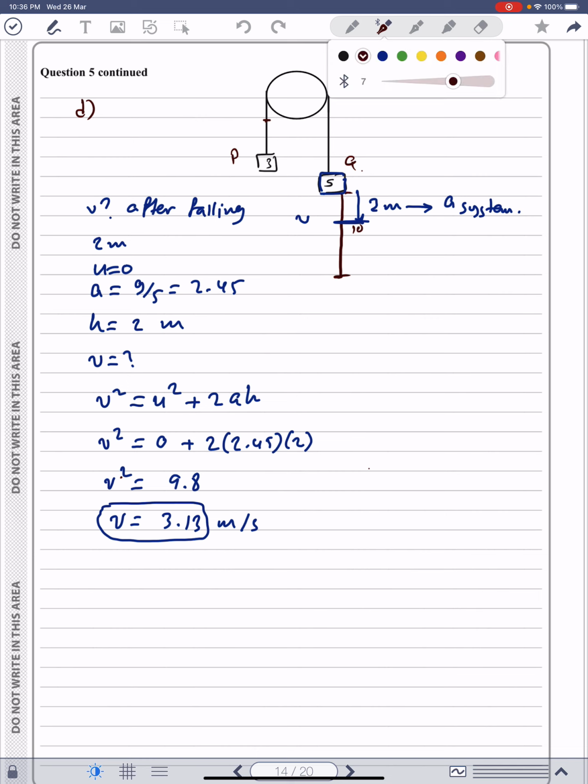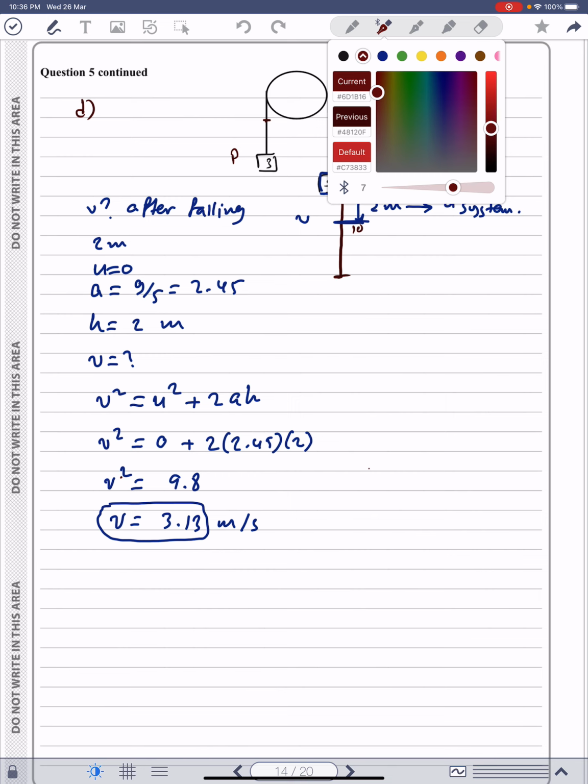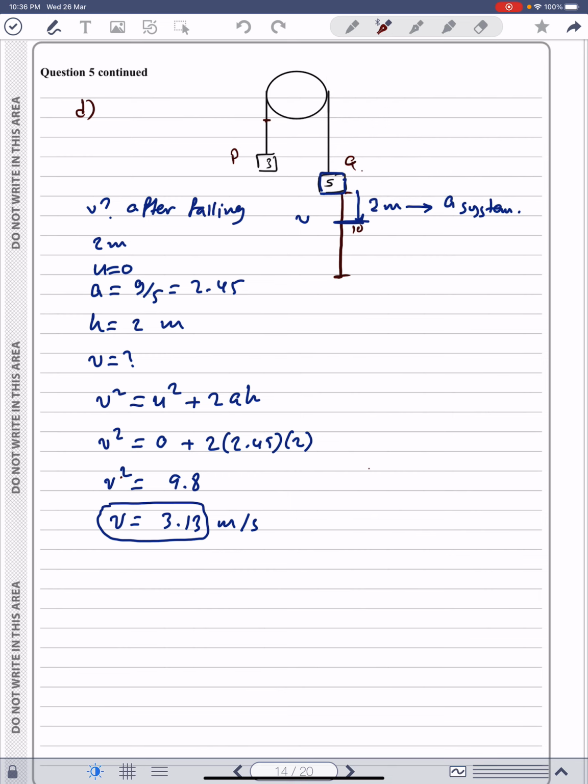The second part, in a different color, dear students. Now, I will do it here to sketch it for you. This is particle Q now in here, 8 meters left. But the string breaks.